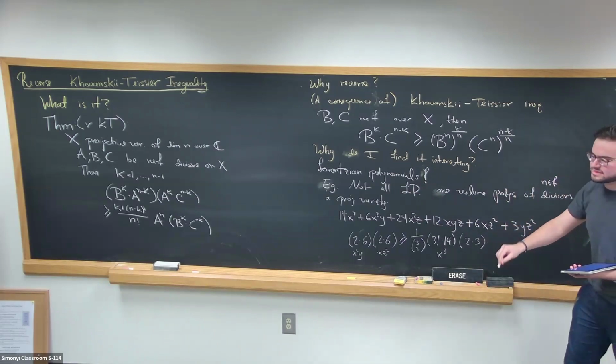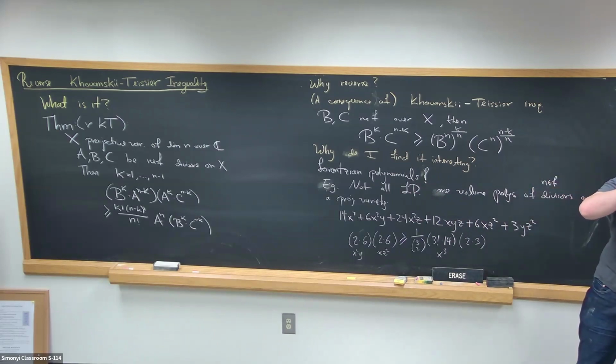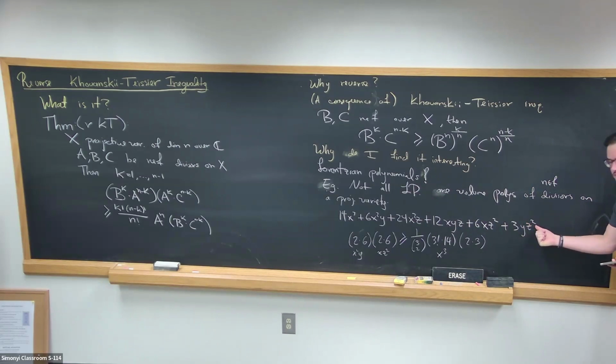In this case, I'm normalizing them by dividing by the product of factorials of the exponents of the monomial.